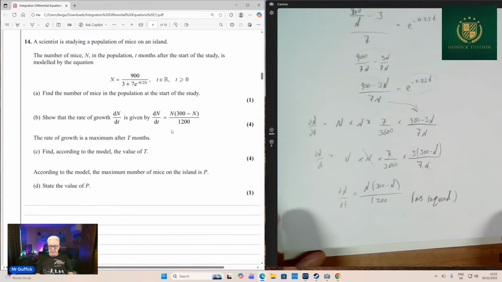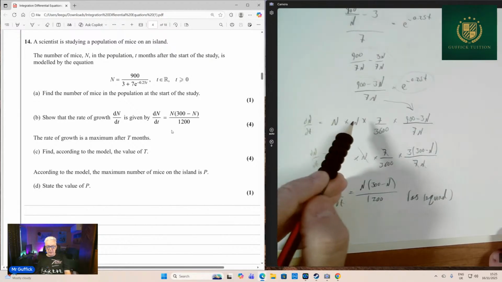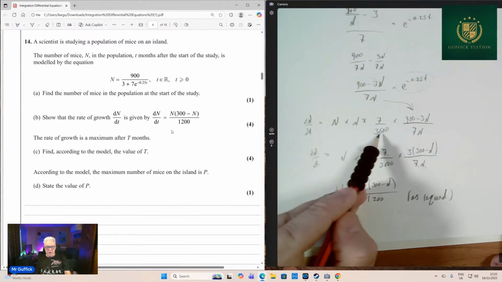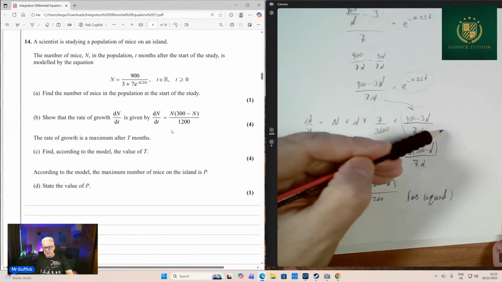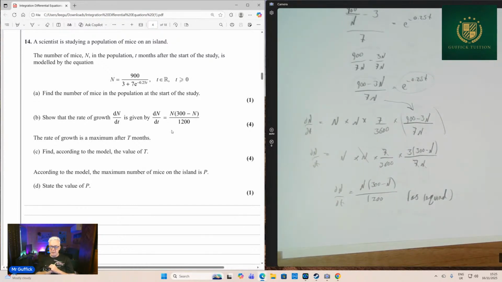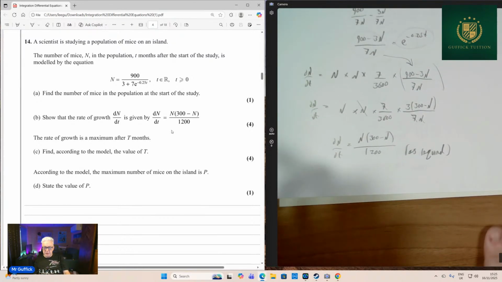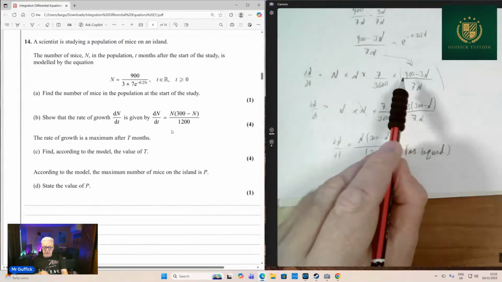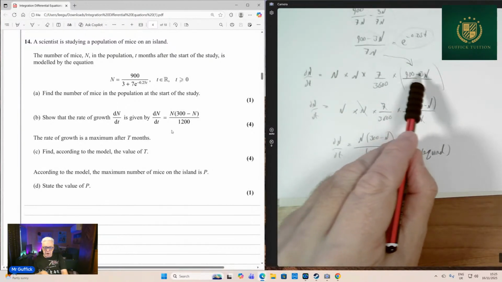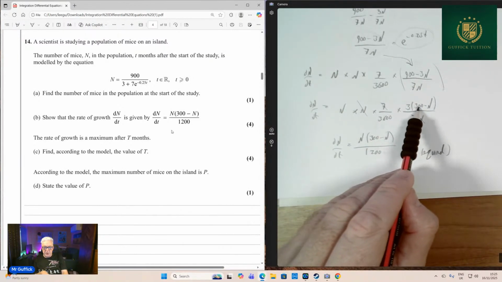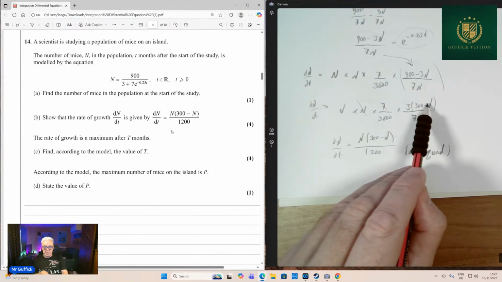So I've now got dn by dt is n times 7 over 3,600 times by this rearranged version of e to the minus 0.25t. Okay, we're getting close now. We can take a factor of 3 out of this numerator, giving us 3 times 300 minus n, and that looks really promising.